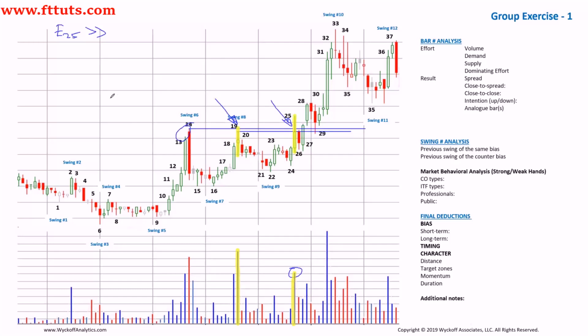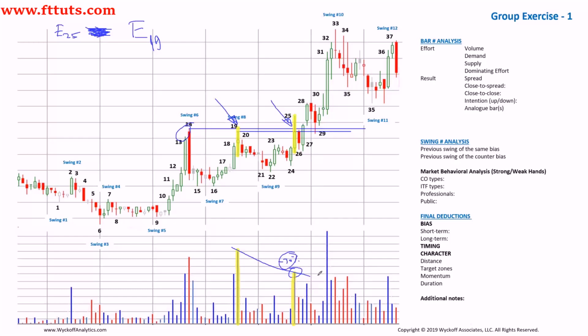So okay, great. So effort at bar number 25 compared to the effort at bar number 19 has done what? Slightly lower. I would say somewhat significantly lower. Significantly lower by maybe 30% or so, right? So minus 30%.